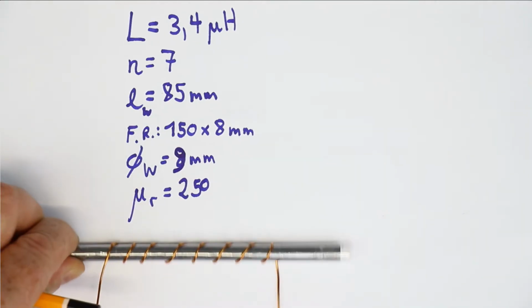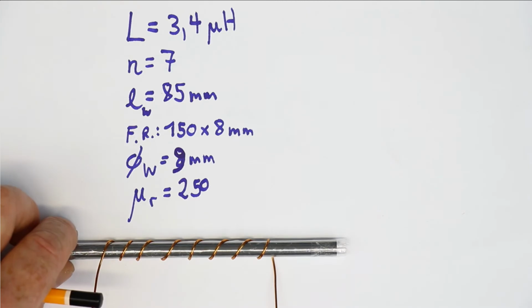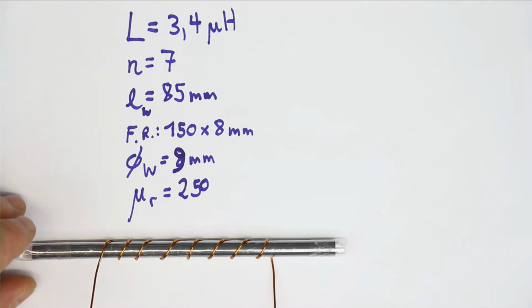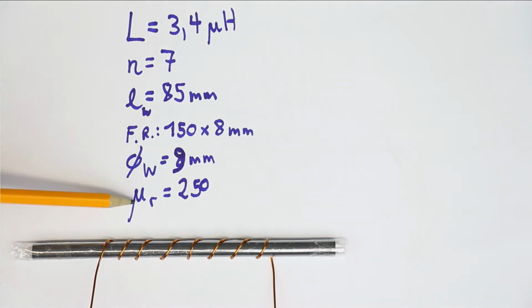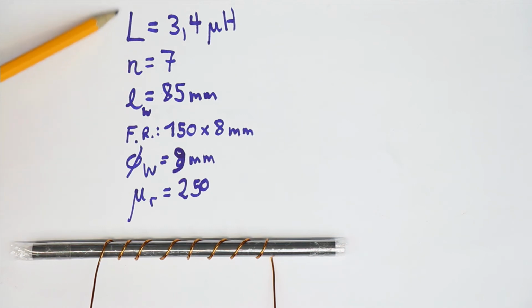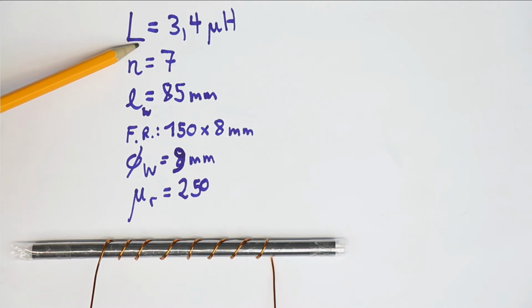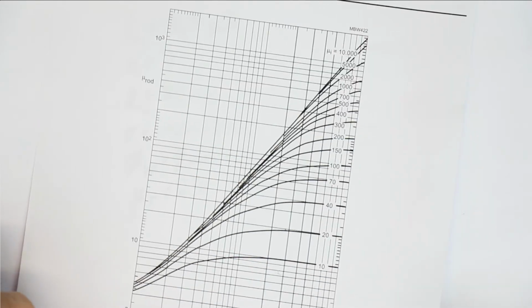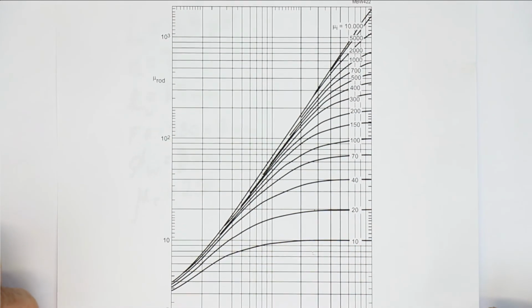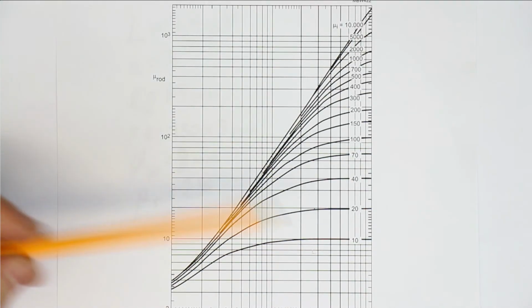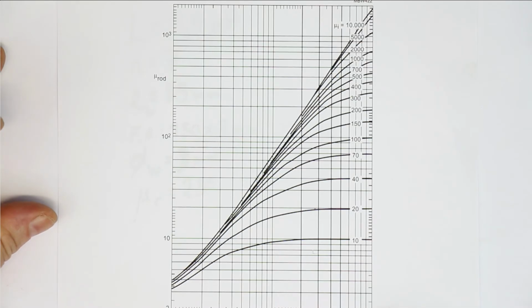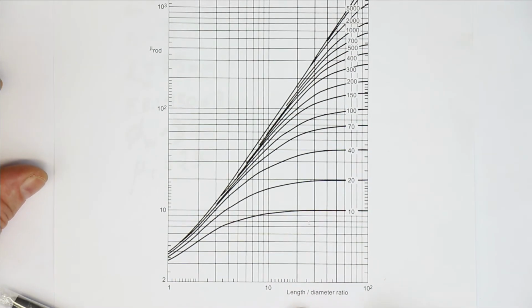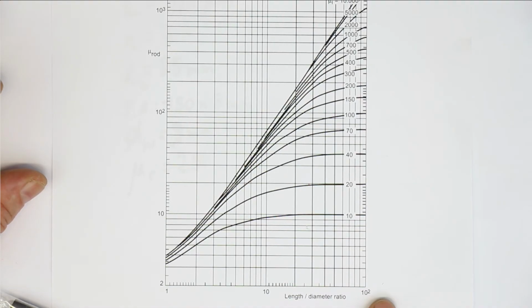But there's still one important factor when trying to calculate from these values. We could, in theory, calculate the inductance that we already measured, but when using ferrite rods as magnetic material, there is still one important factor, and that is the aspect ratio of the ferrite rod, or the length to diameter ratio, which you can see here on the x-axis.